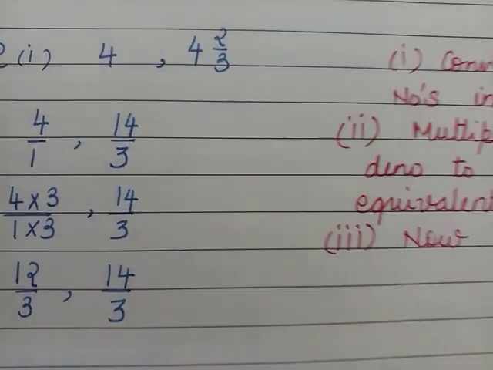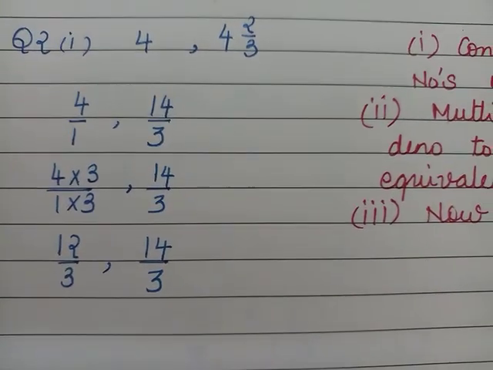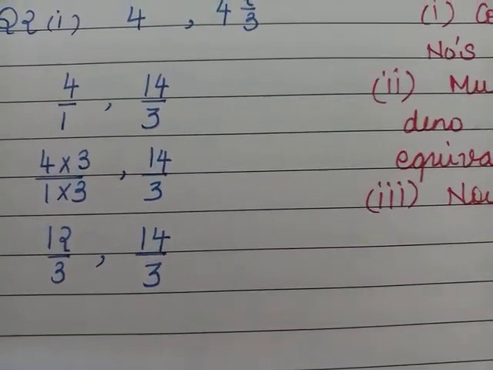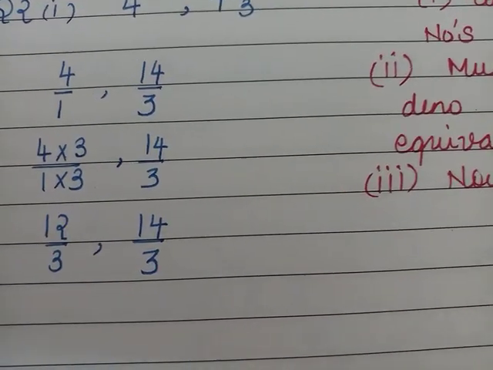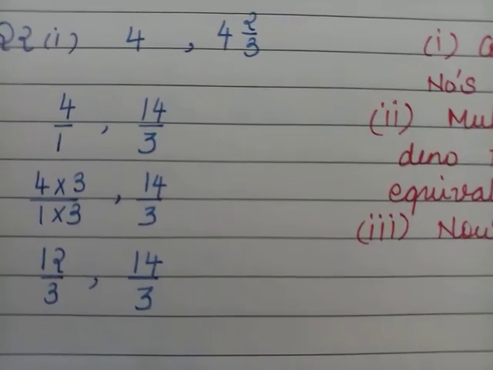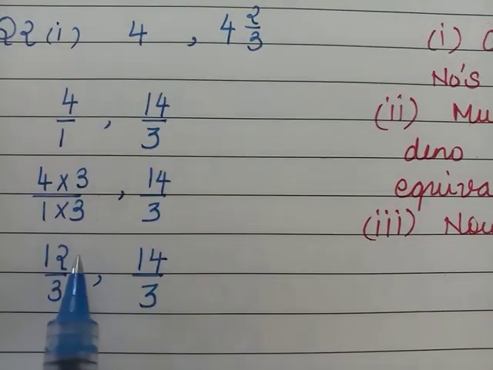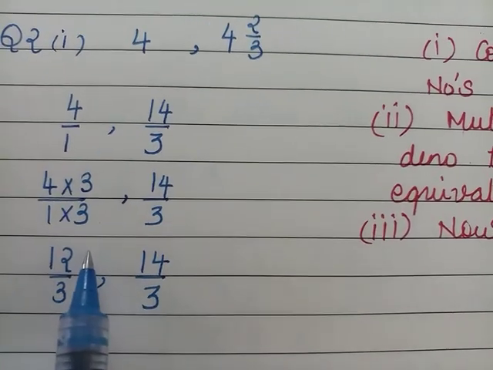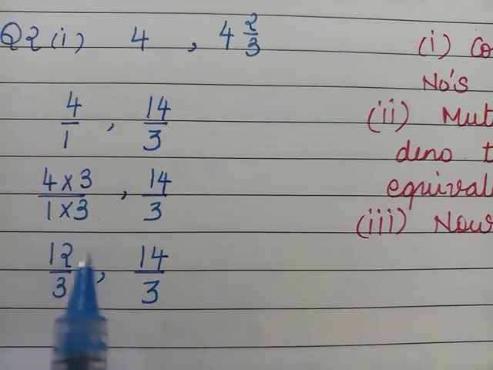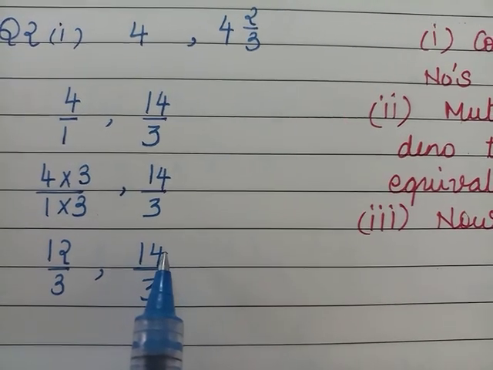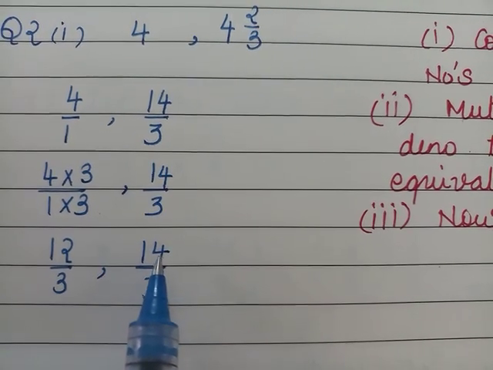So to get 2 more rational numbers, we multiply with any greater number. So I multiply 2 to the numerator and denominator. So 12 will become 24, and when I multiply 2 here, 14 will become 28.